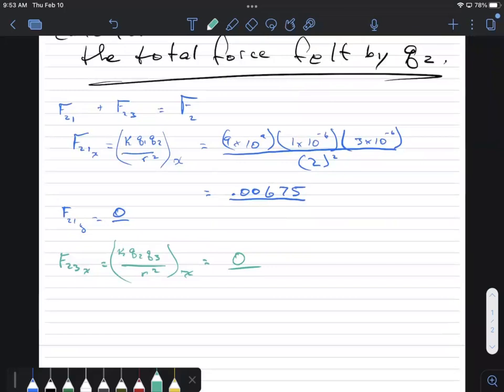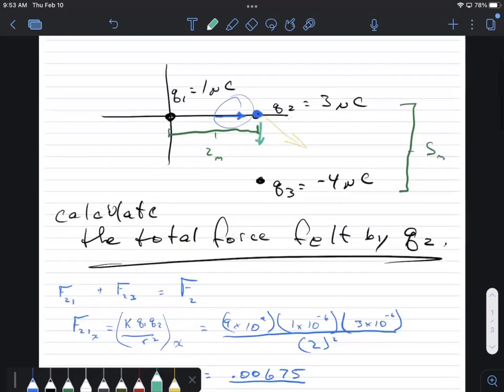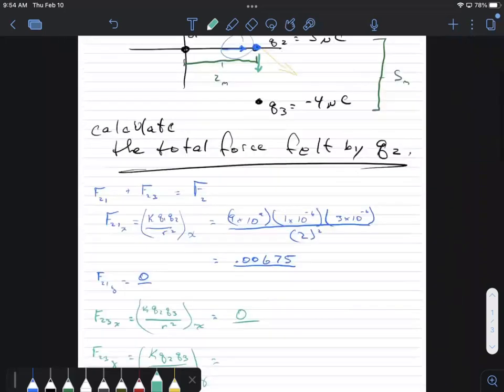But of course, I need to move on and look at the force on 2 due to 3 y component. K q2 q3 over r squared y piece. I look at my picture. Yes, there is an amount of this force in the y direction. In fact, it's downwards. So I'm going to have to do the calculation. All right, well, if that's the way it is, let's do it.